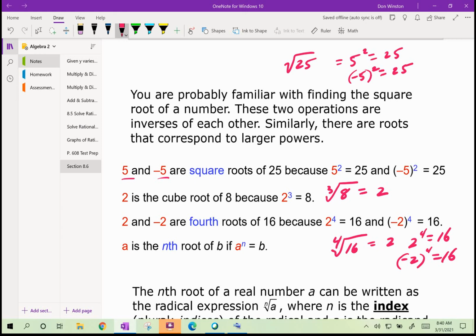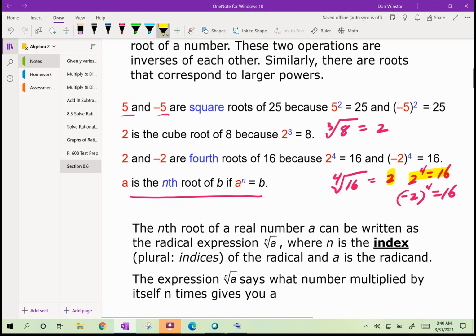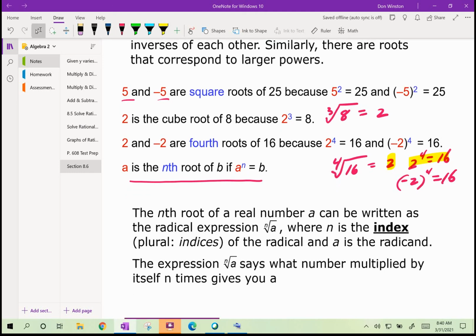And so we say A is the nth root of B if A raised to the n is equal to B. In other words, 2 here is the fourth root of 16 because 2 to the 4 equals 16. The nth root of a real number can be written as a radical expression, the nth root of A, where n is the index of the radical and A is the radicand.